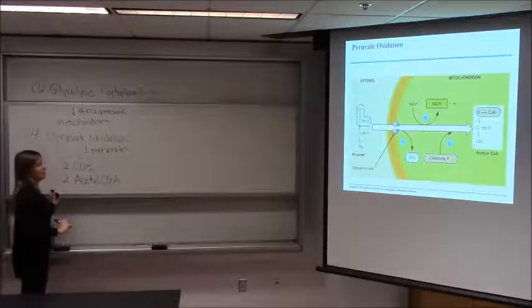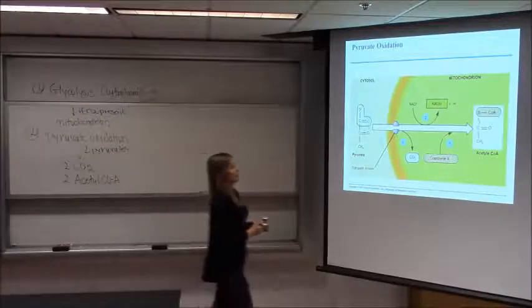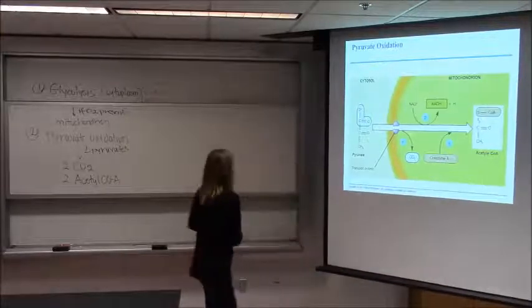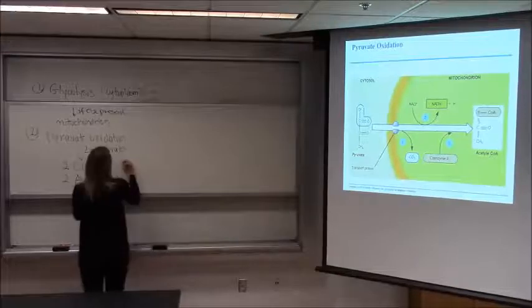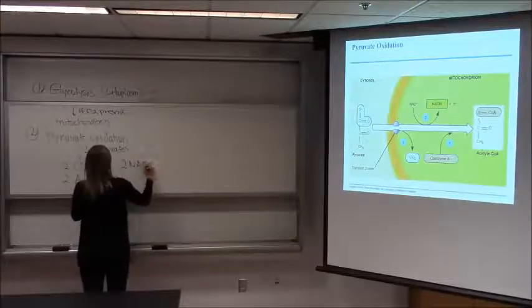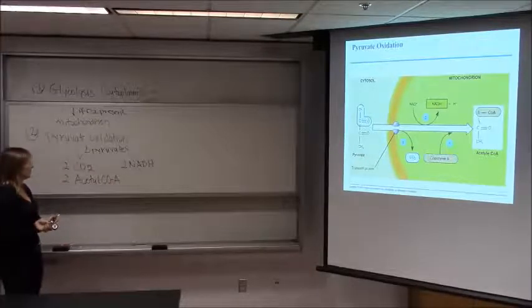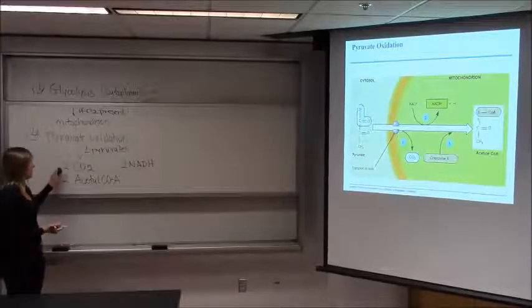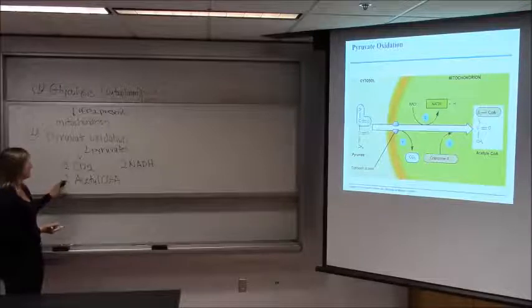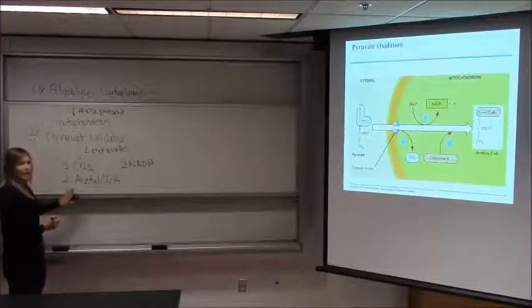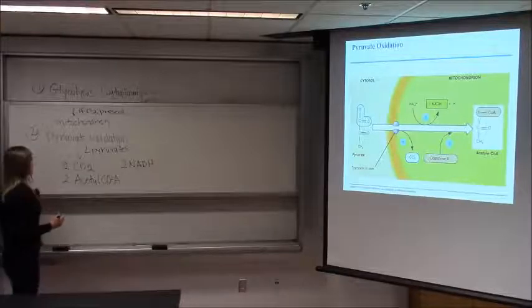We also, for each pyruvate, generate another NADH. So a total of 2 carbon dioxide, 2 acetyl-CoA, and 2 NADH. Now this acetyl-CoA can enter the next stage.